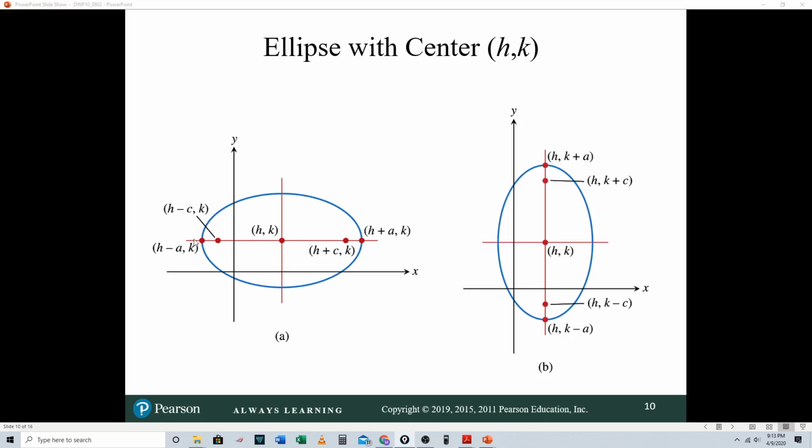They're going to give us either the vertices or the foci, or something that lets us know that the semi-major axis is either vertical or horizontal, or the semi-minor axis is vertical or horizontal. So that gives us a way of knowing what kind of function we have.